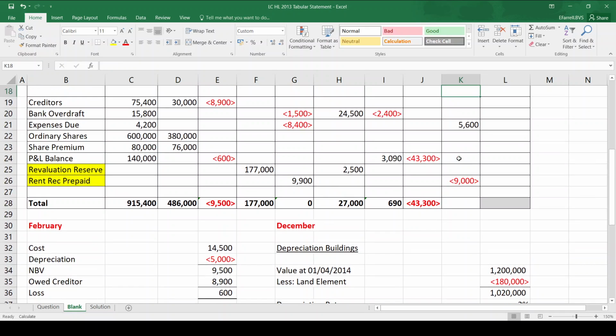And then the difference between the 9,000 and the 5,600, which is 3,400, is going to go in profit and loss balance, because we're after saying we received 9,000 for rent during the year, we paid out 5,600 as an expense, so the difference, the 3,400, is going to go in the profit and loss balance.